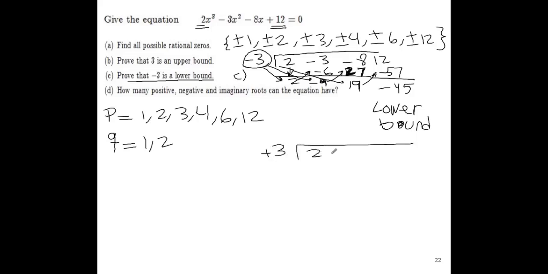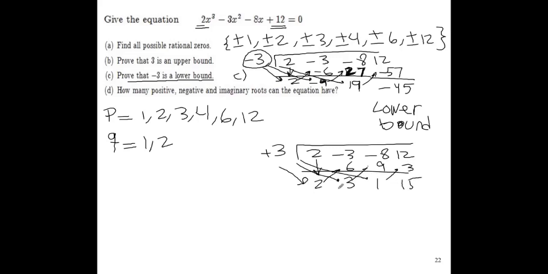So it'd be 2, -3, -8, 12, same thing. Bring down the 2. So you get 6. We add them up, you get 3. Then here we have 9, you get 1. And then finally you get 3 here, and then you get 15.